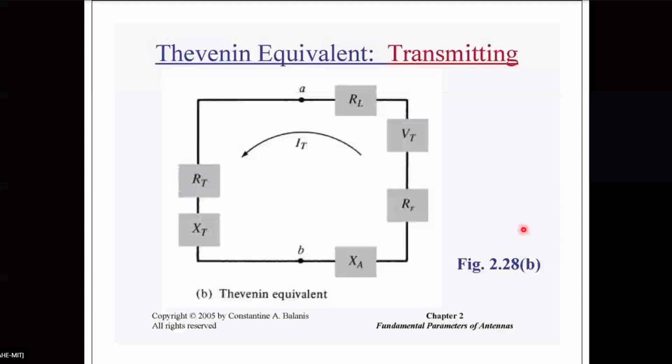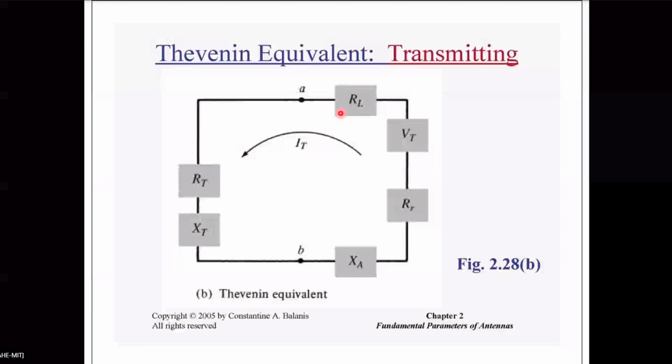This is the Thevenin's equivalent in the receiving mode, not in the transmitting mode. There is an error here. VT is the induced voltage in the antenna. This is RL, the loss resistance of the antenna.